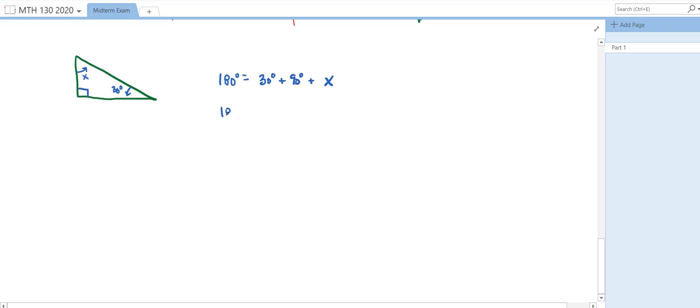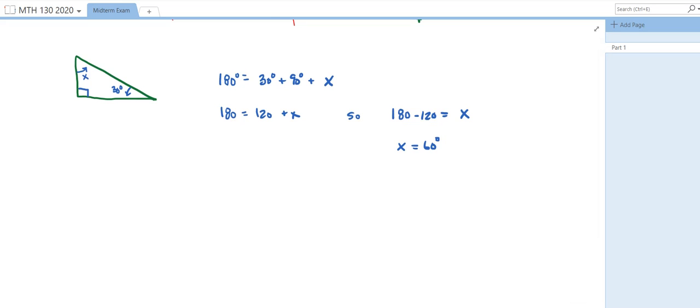So 180 equals 120 plus x. So 180 minus 120 equals x, or x here equals 60 degrees. So you should be able to handle problems like that.